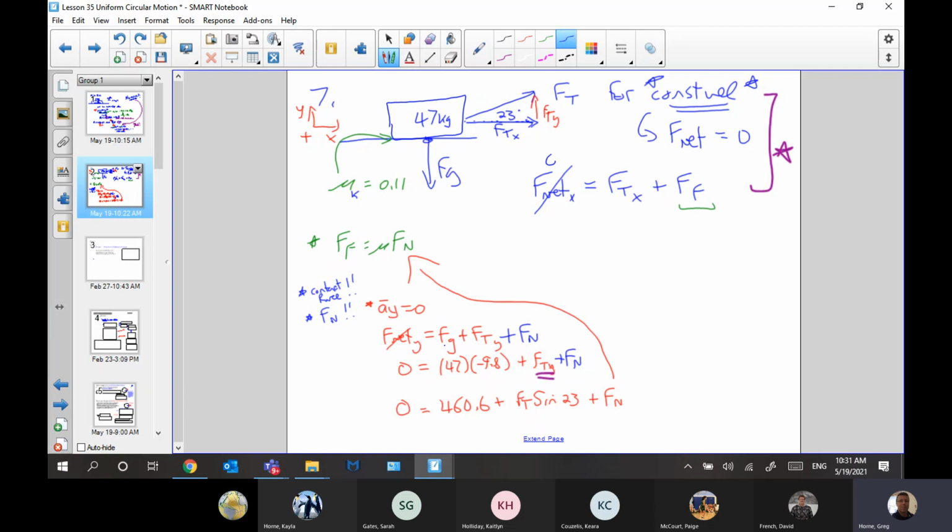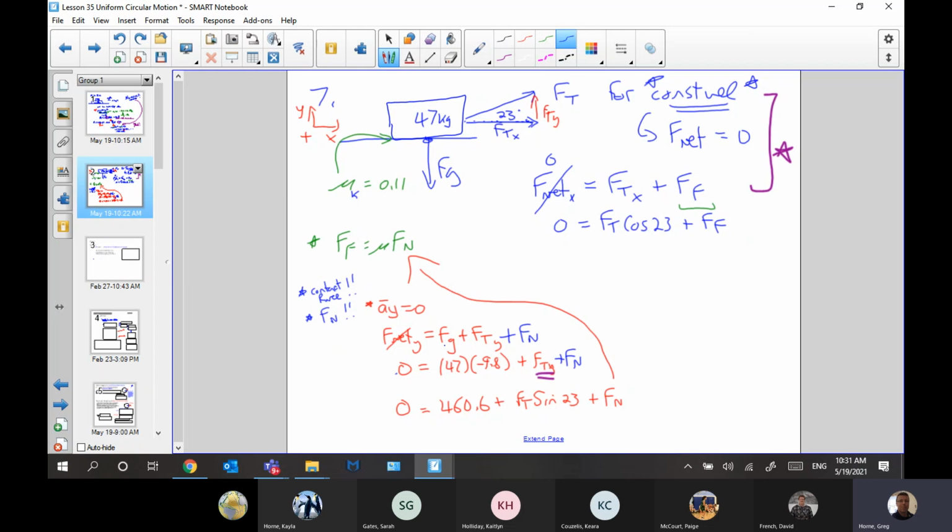So this is going to be 0 as well, of course, because we want to get constant velocity. This 0 is because we're not lifting. But this 0 up here is because of the constant velocity they're telling us sideways. So this equation is going to be 0 equals the FT cos of 23, plus that friction force that we don't know, and we know the coefficients and so on.